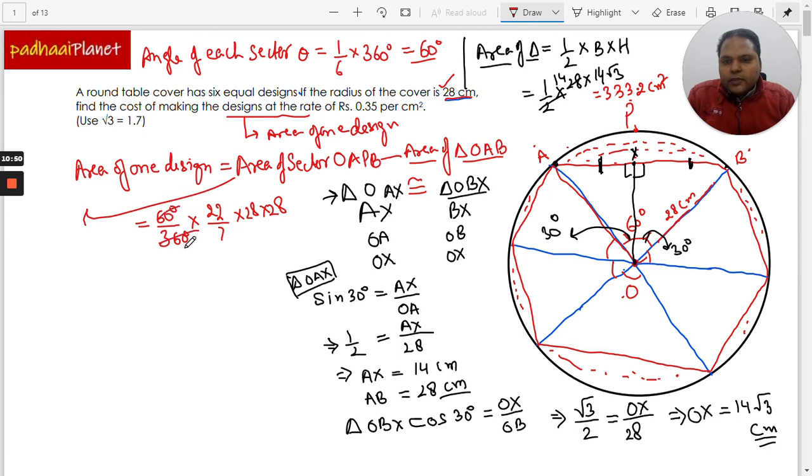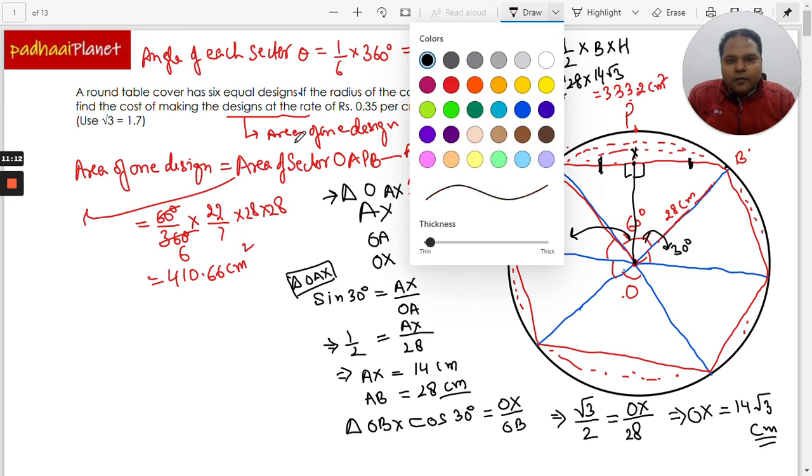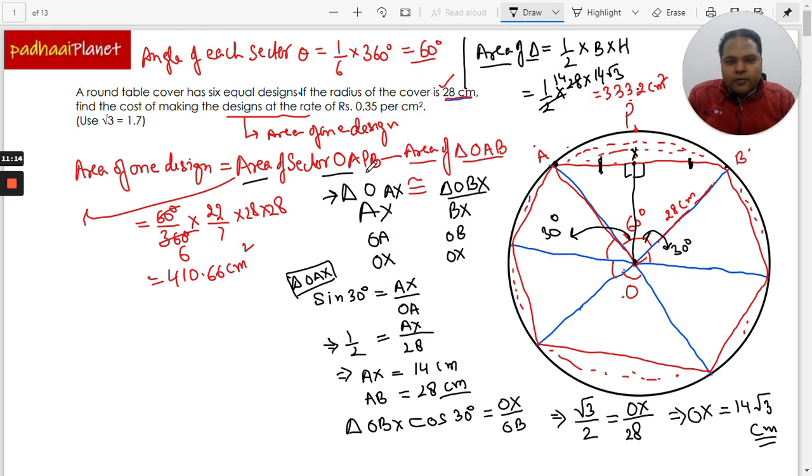So this is like 6. Okay, so finally what we get here is 22 multiplied by 28 multiplied by 28 divided by 42. So what we get is 410.66 centimeters square.